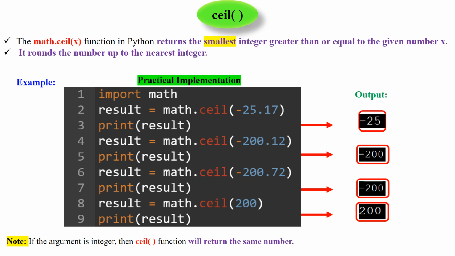The function returns the smallest integer greater than or equal to -200.72, which is -200, and is printed to the console. In line 8 and 9, in this last example, the math.ceil function is called with the argument 200. Since 200 is an integer, the math.ceil function simply returns the same integer value 200, and is printed to the console.